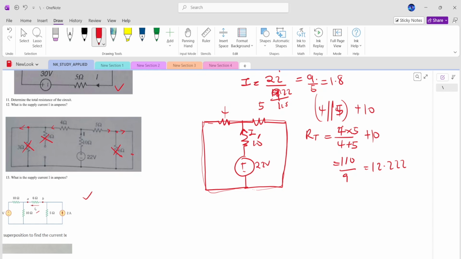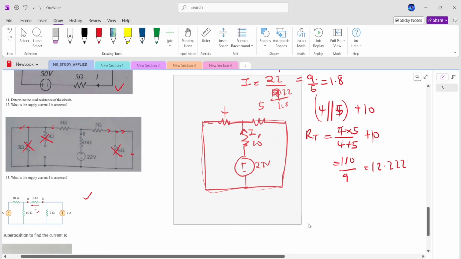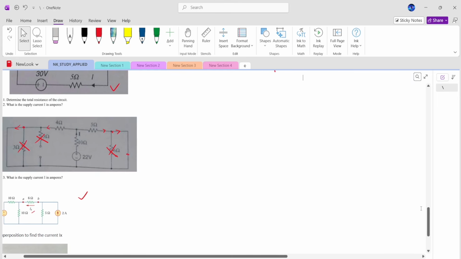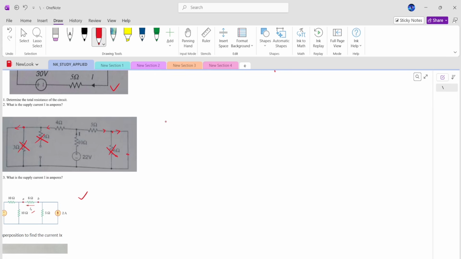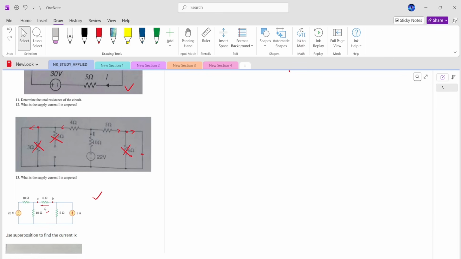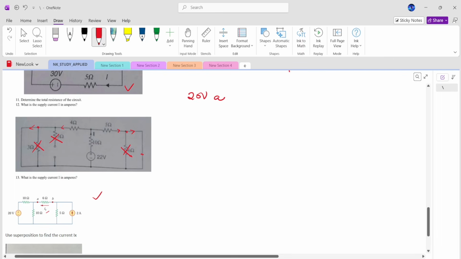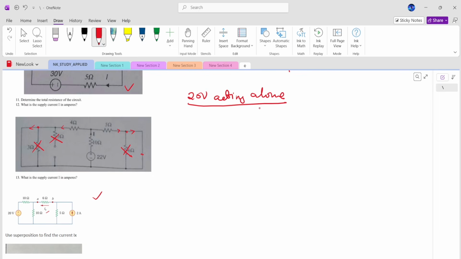So with this one, we are simply going to let the first part, the voltage source, act alone. So we are going to say let the 20 volts act alone, right? It means we have to deactivate all the other sources. And again, if it's a voltage source, short it. If it's a current source, you open it, right? So we are going to have this circuit now like this: plus, minus.